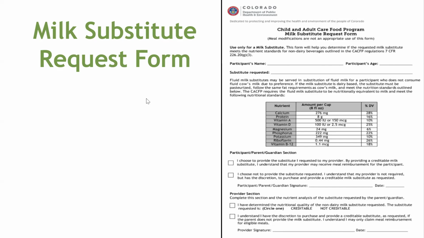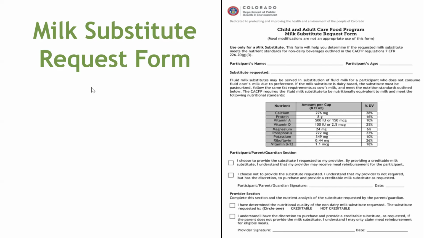And then you, as the providers, would then look at the substitute that they're requesting. So you would need to know the brand and the type that's being served. And then you would determine if that substitute meets those nutrient requirements and matches what the nutrient requirements are for cow's milk. So if you saw an almond milk, you would go through their nutrition label. Does it meet these standards? You would circle, yes, it's creditable, or no, it's not creditable.